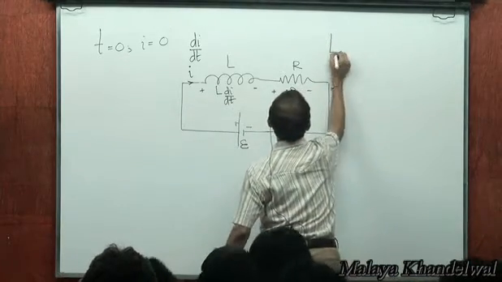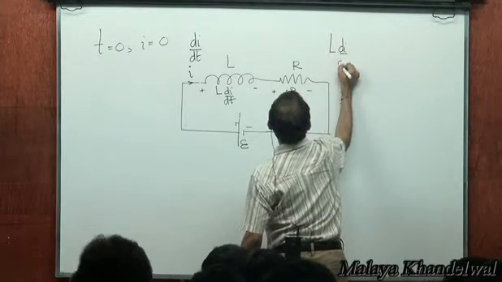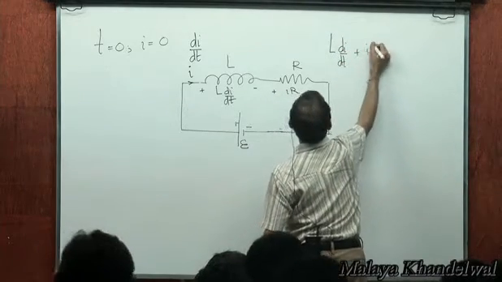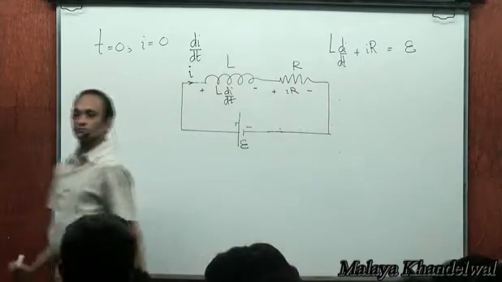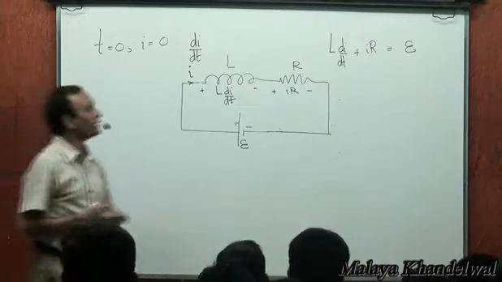So let me apply KVL. Then L di/dt plus IR must be equal to epsilon. That's applying KVL to the loop, right?